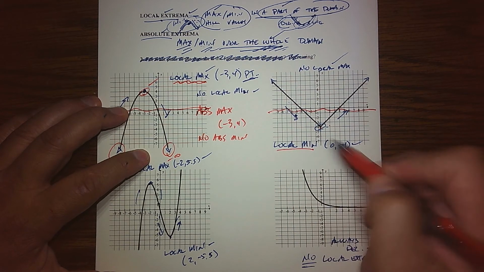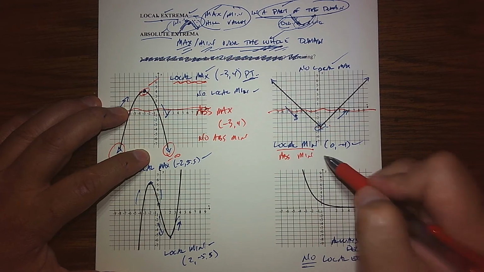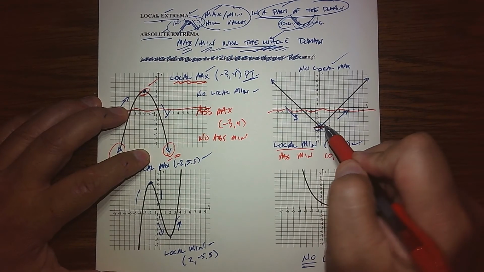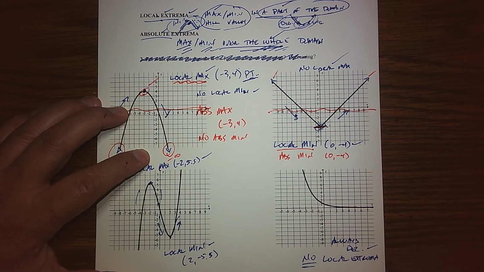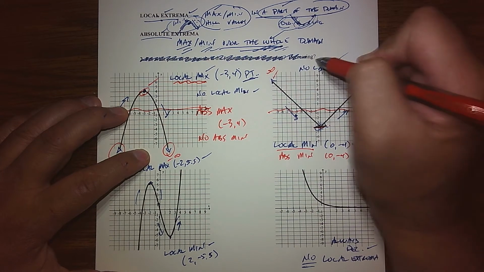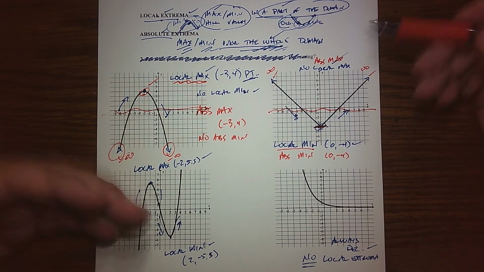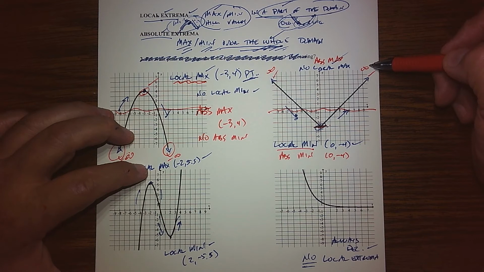So not only is this a local min, but it's also an absolute min. It's occurring at (0, -4), because that happens to be the lowest y value for everything throughout the domain. And because we're going to infinity in both directions, there is no absolute max here, because we never reach a highest point. We're constantly getting higher and higher and higher.